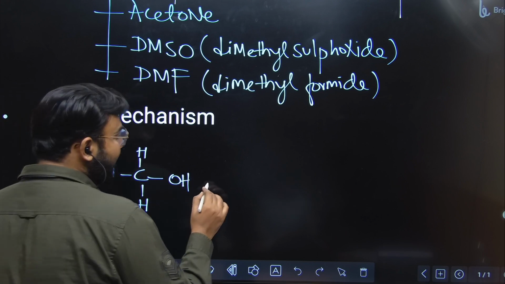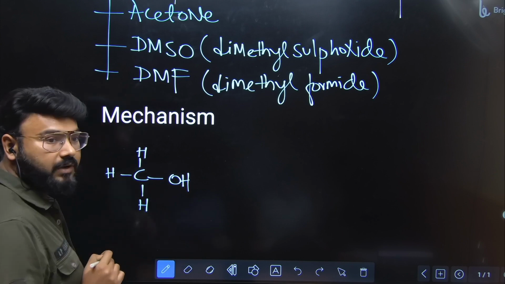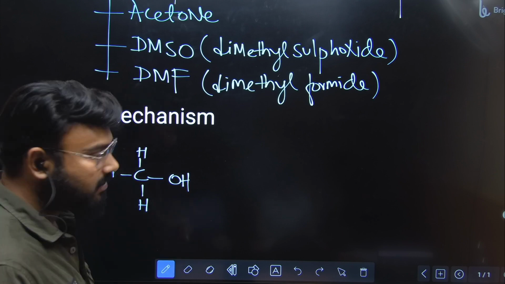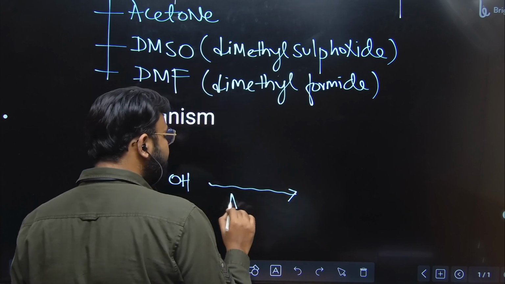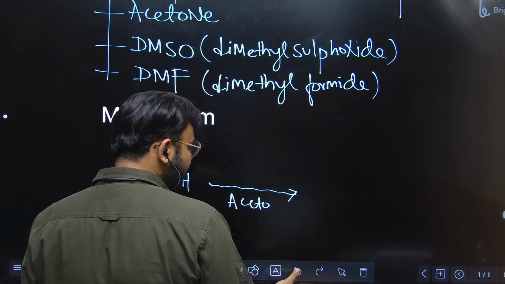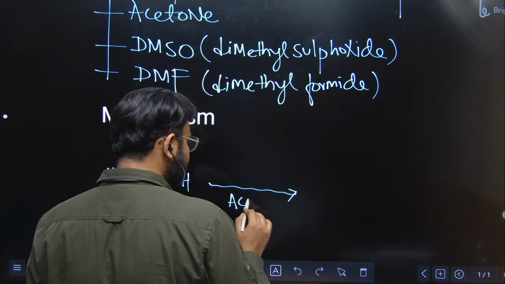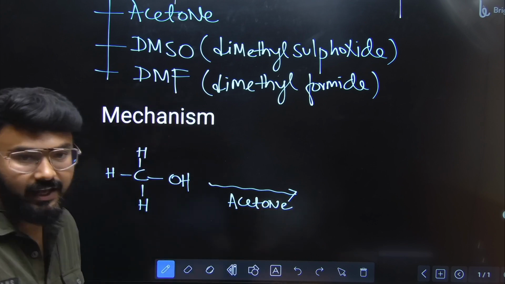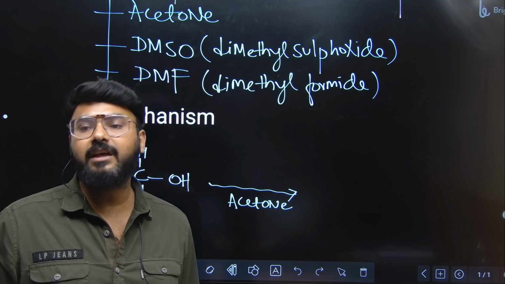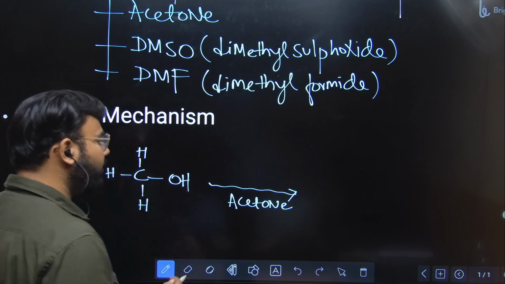And what do we add here? Obviously we will add it in the presence of acetone. But what will be the nucleophile? Acetone is fine. We can take some strong nucleophile like KOH.